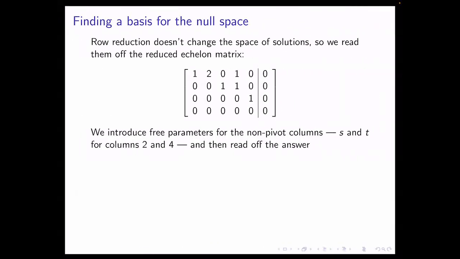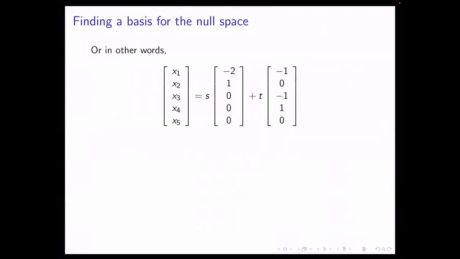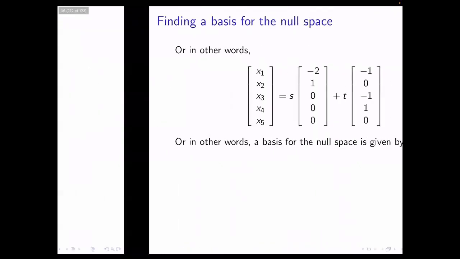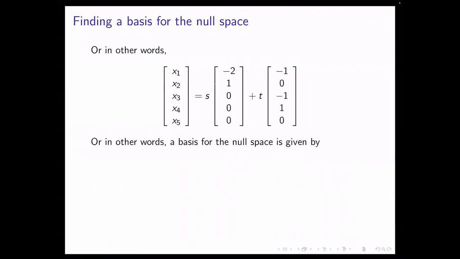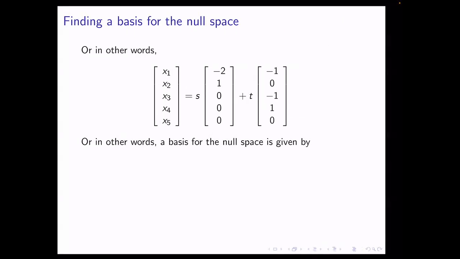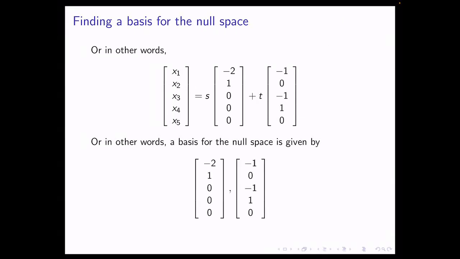We can read off the answer: x5 is equal to 0, x4 is equal to t, x3 is equal to negative t, x2 is equal to s, x1 is equal to negative 2s minus t. In other words, we can write it like this. So a basis for the null space is given by these two vectors with these coordinates.